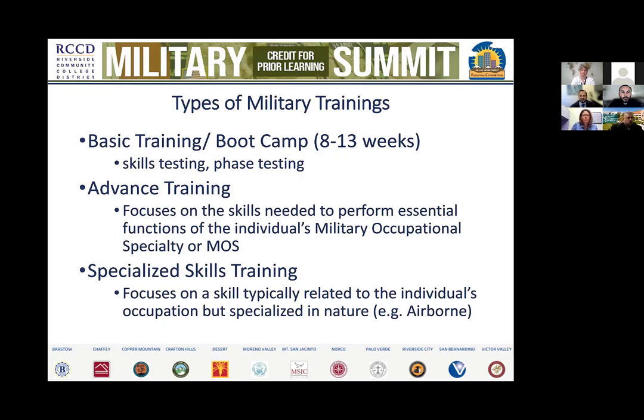Initially, an individual joining the military will go through all their battery of testing, go through MEPS, and then enter into basic training, often referred to as boot camp. Depending on the branch of service, they will undergo 8 or up to 13 weeks of training. This training phase is very skills testing.